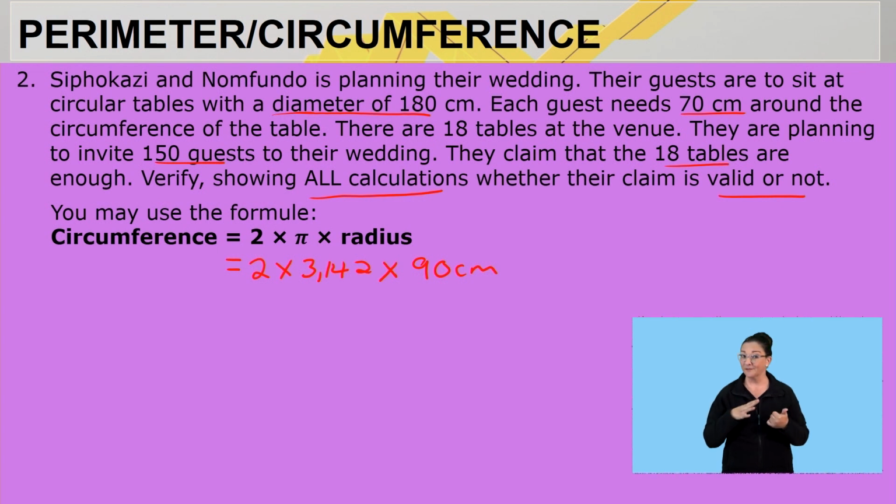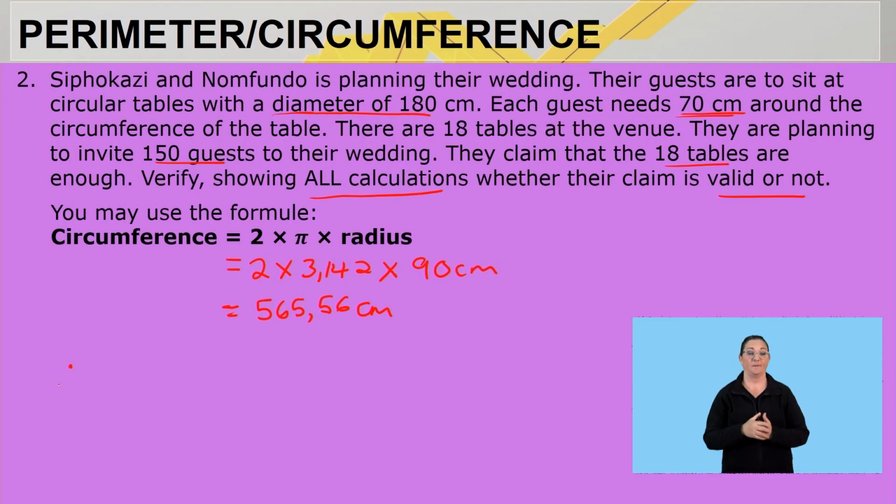Guys, are we still fine? Now I'm going to simplify by saying 2 times 3.142 multiplied by my 90 centimeters. That will give me the circumference, the total distance around this table, of 565.56 centimeters. That is the circumference of the table. Now I will move on to the next part that says each guest needs 70 centimeters around the circumference of the table.